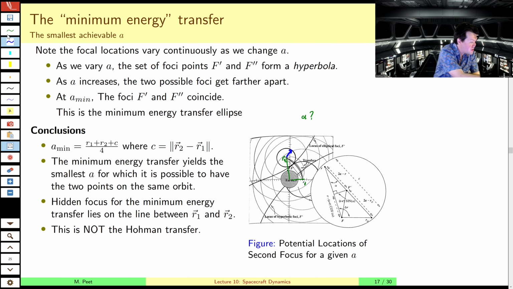Because remember what those lengths are: this is 2a minus R2, and these circles are 2a minus R1. So as we increase a, the radius of these circles increases, and as we decrease a, the radius of these circles decreases. So let's examine, first of all, what happens when we decrease a.